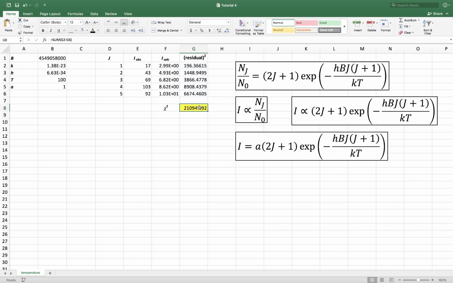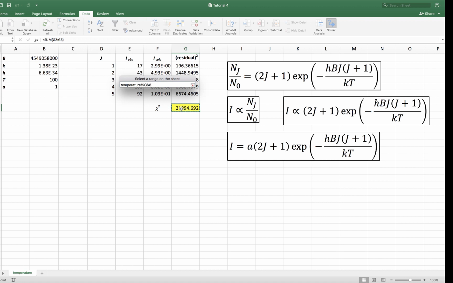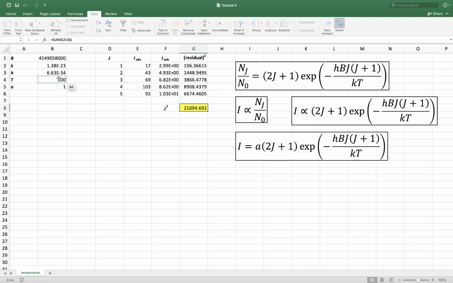There we go. Okay, now what I want to do is minimize this value using Solver to optimize these 2 parameters. So let's go to Solver, and I need to set this to be the chi-squared, and I want to minimize this, and I want to do it by changing cells B4 and B5.